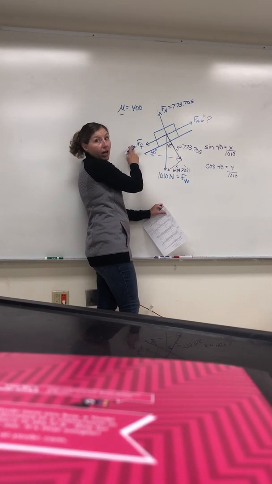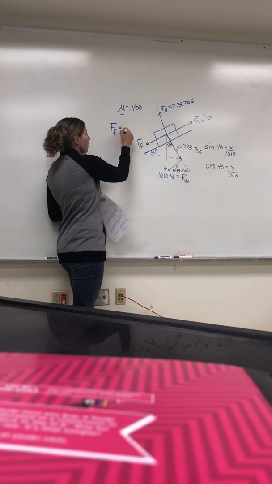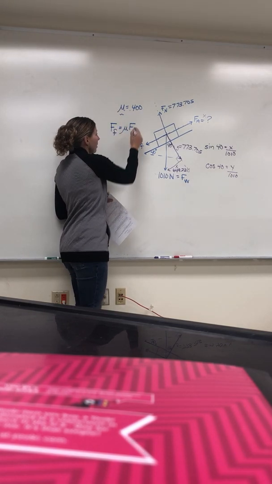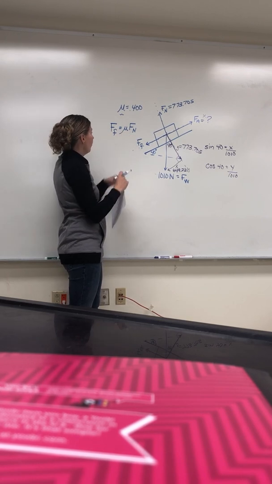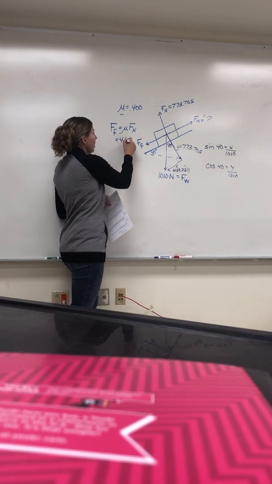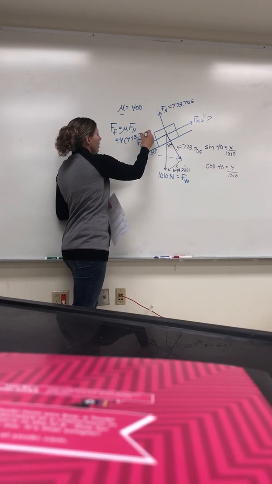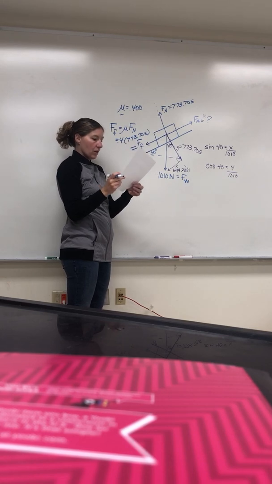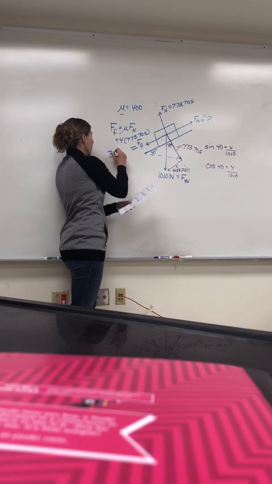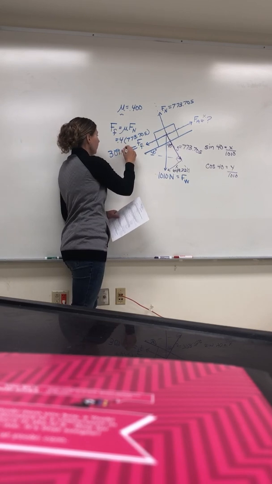I can find the value of the friction though with my new equation. The friction force is equal to the coefficient, 0.4, times the normal, 773. So my friction force is 309.48.